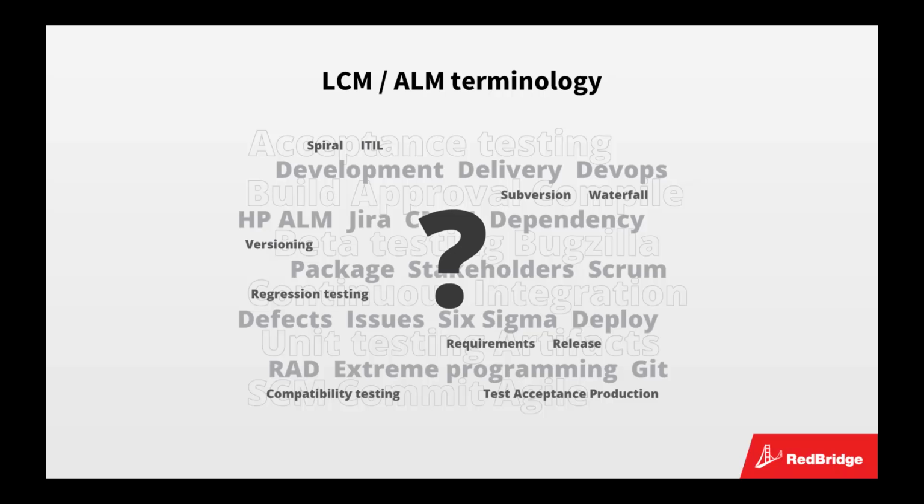LCM covers many aspects of the software lifecycle, and often different terms are used for the same content. For example, delivery, deployment, and DevOps all mean continuing to the next step in the lifecycle, for example, deploying the code from test to production. Defects and issues are also two different terms for the same thing, depending on the provider, and so on.